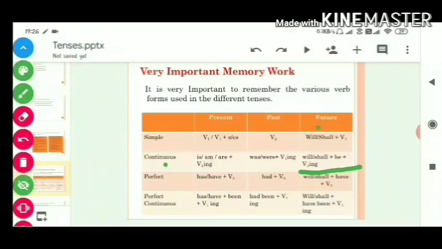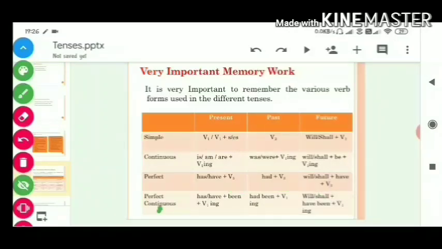In perfect tense, we use has, have plus V3. In past perfect tense, we use the verb had plus V3. In future perfect tense, we use will, shall plus have plus V3. In perfect tense, we use the V3 form of the verb. Now, perfect continuous tense.